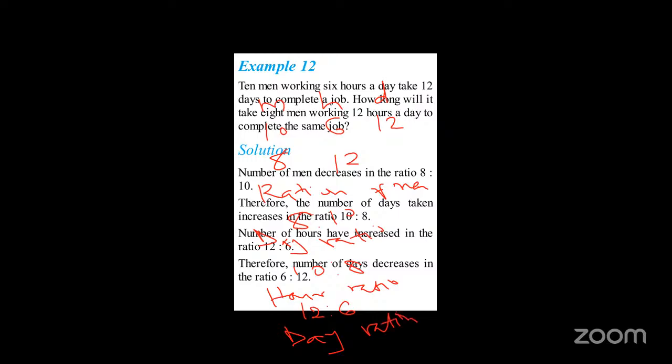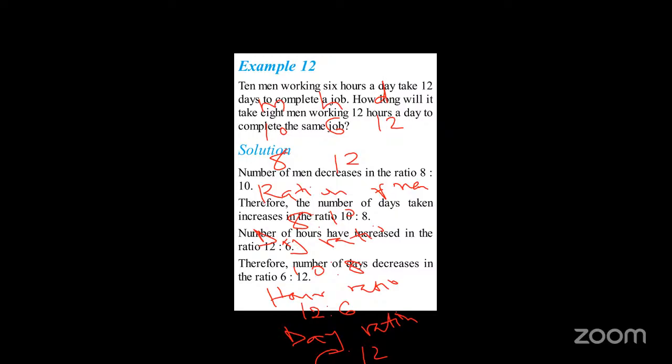Ukikompare na hours hapa tulisema uangalie kama hours zime increase from 6 to 12, what will happen to the number of days? See, the number of days will decrease. Yes. So we write the days ratio in decrease form kutumia ya hours, so itakuwa ni 6 ratio 12. Ni sawa?